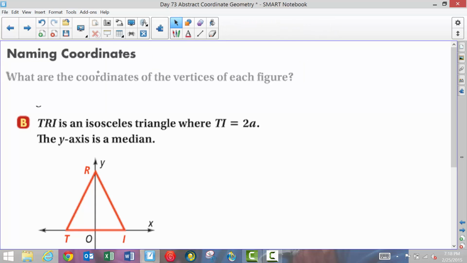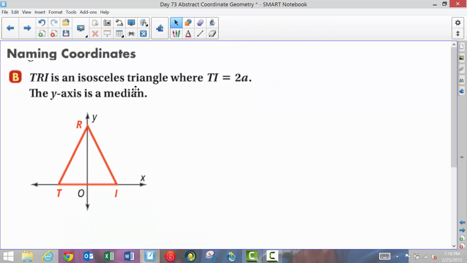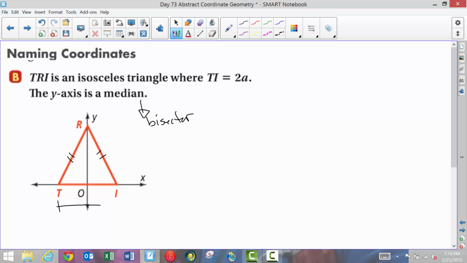So let's find the coordinates of the isosceles triangle. If it's an isosceles triangle, I know that the legs are congruent. I know a median is a bisector. From T to I is 2a. So if the y-axis is a bisector, I know T to O and O to I are congruent.